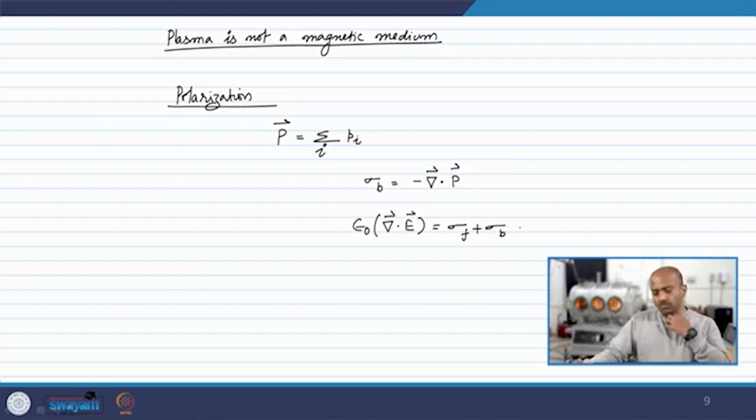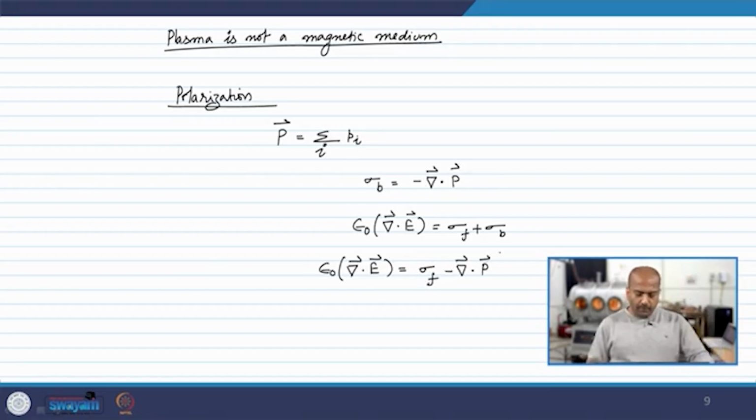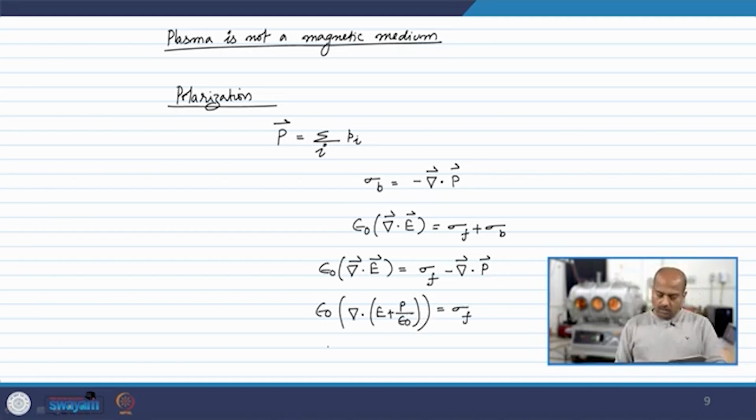So, to write it in a simple form, using sigma b, we can write epsilon naught times del dot E is equal to sigma f minus del dot P, or epsilon naught times del dot E plus del dot P is equal to sigma f, or we can write it as del dot of (epsilon naught E plus P) is sigma f.